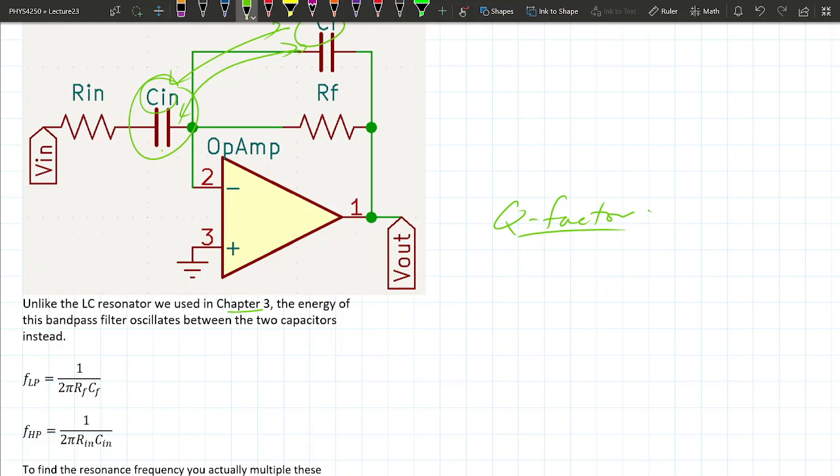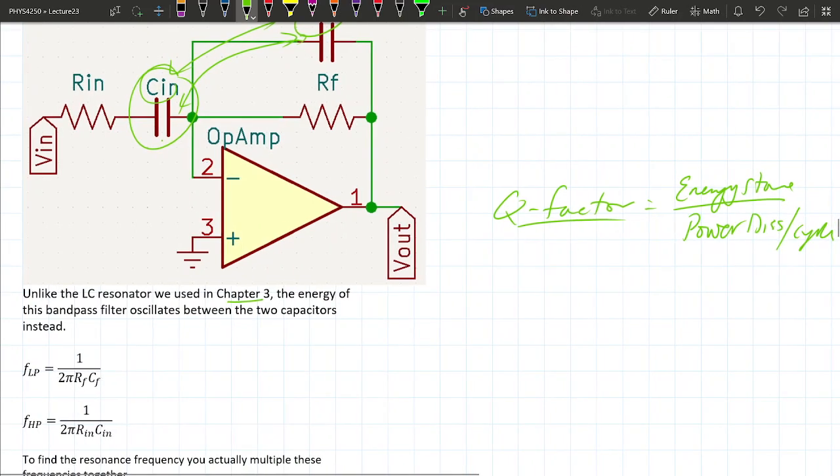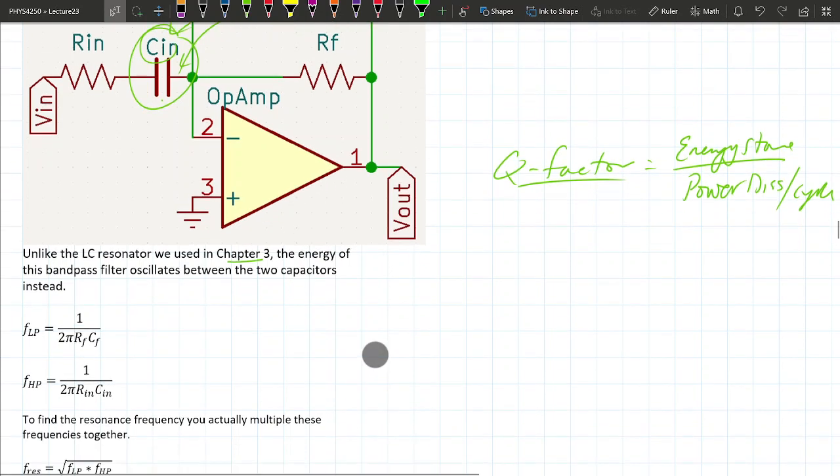Remember the Q factor was the amount of energy stored divided by the power dissipated per cycle. It's a lot harder to quantify this because you just have two capacitors where you have charges oscillating between them.